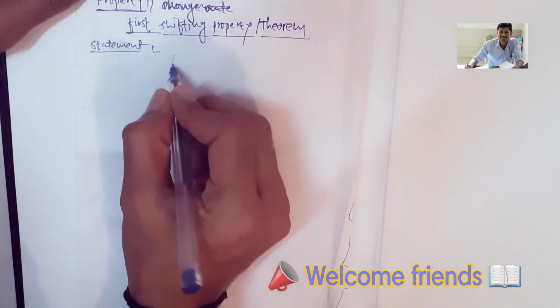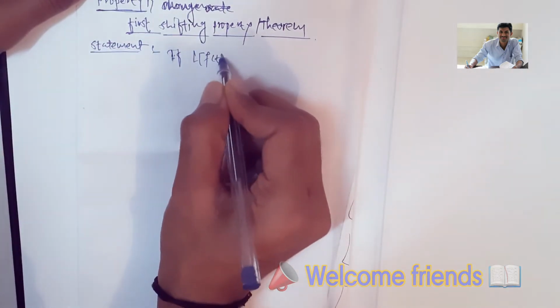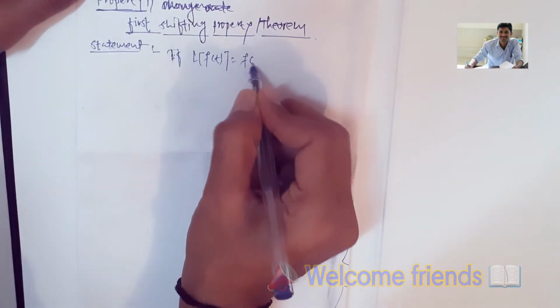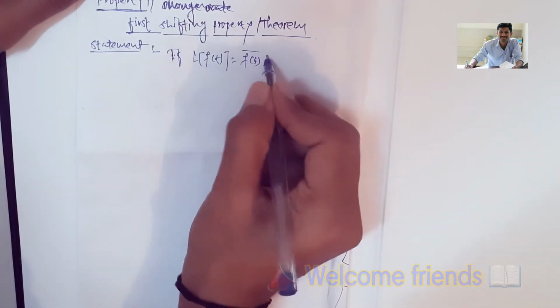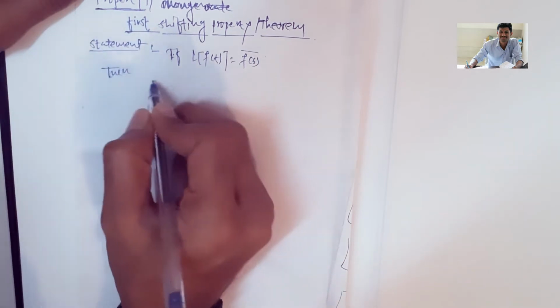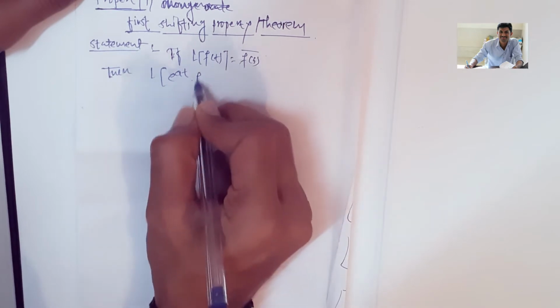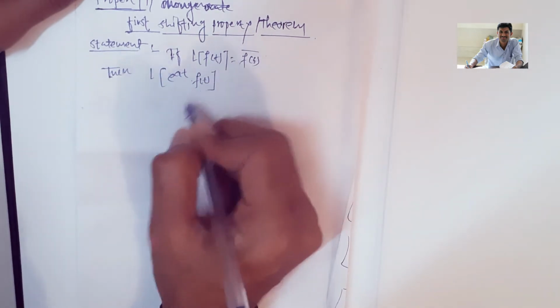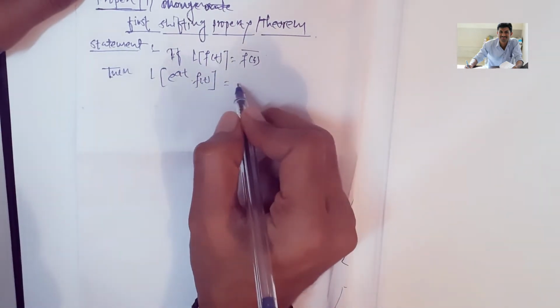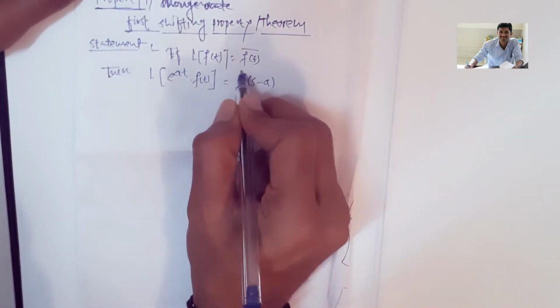So this property: if Laplace of f of t equals F of s bar, then Laplace of e raised to power a t into some function is F of s minus a bar.